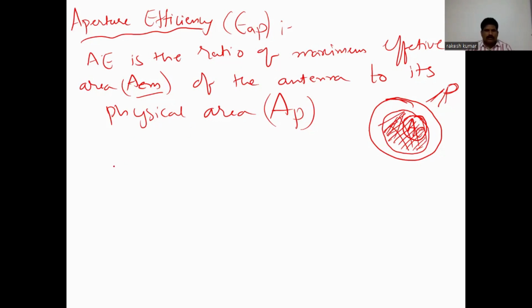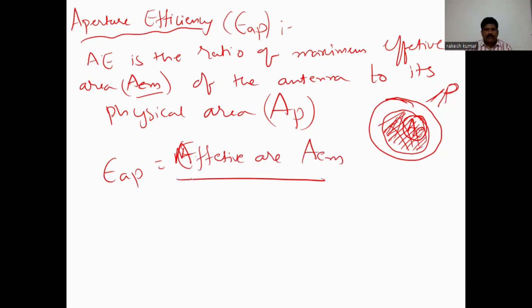Therefore epsilon AP is equal to effective area by physical area.